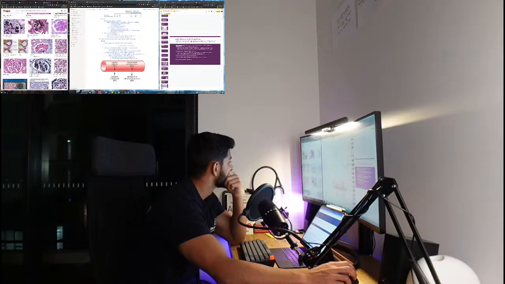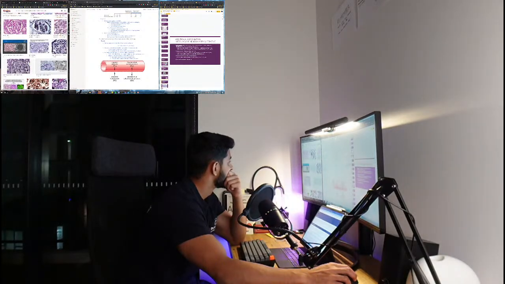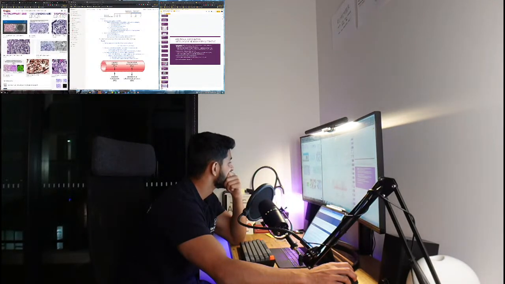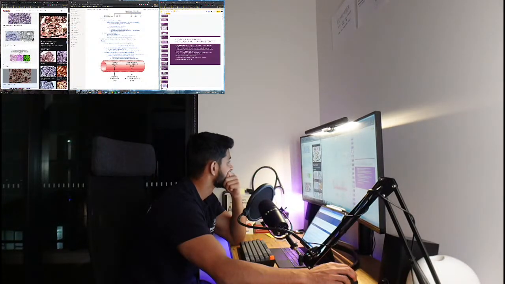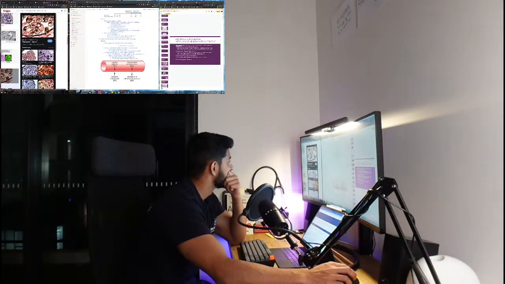Is it just me, or where are we seeing the tram tracks? So what am I seeing here? This is one glomerulus, right?